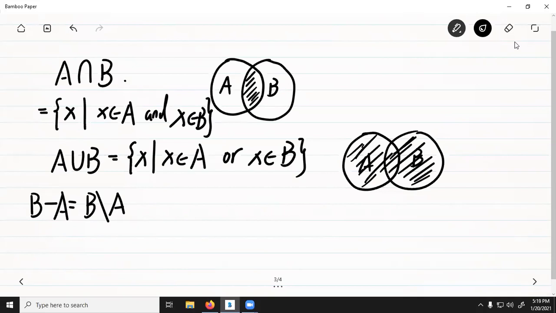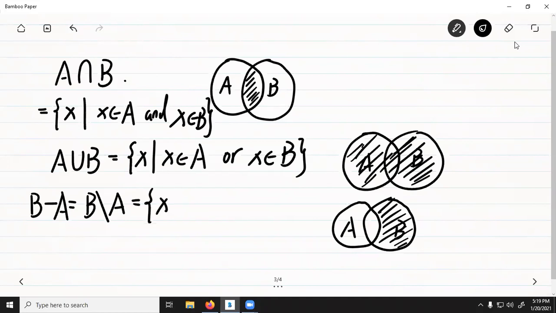Using the Venn diagram, it is the elements in B but not in A. This is A, this is B, and this region is the set of x such that x is in B, but x cannot be in A, does not belong to A.